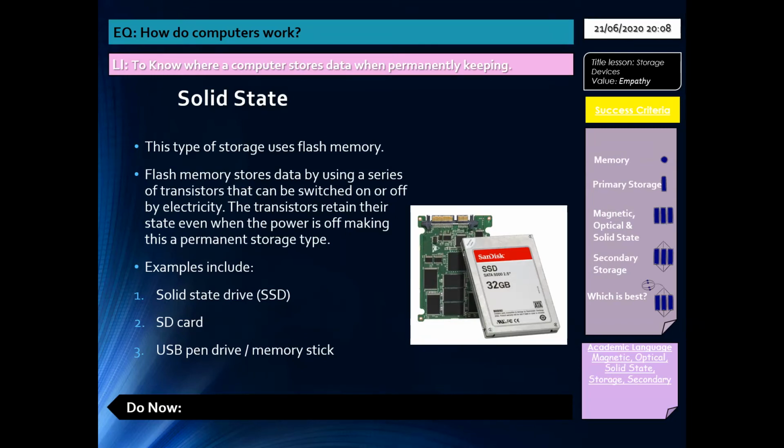Examples include solid-state drive, or an SSD, more commonly known as an SD card, which might go into a camera, or a USB pen drive or memory stick, so USB memory sticks.